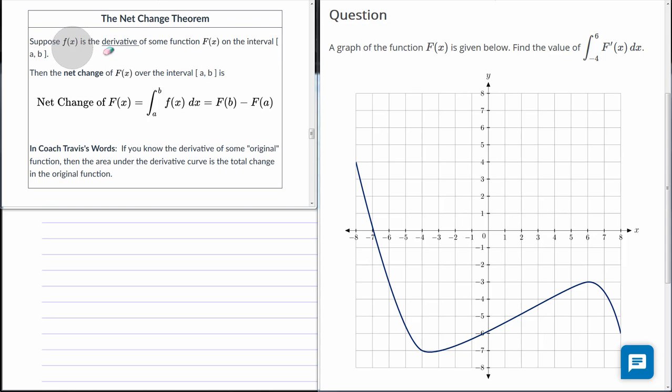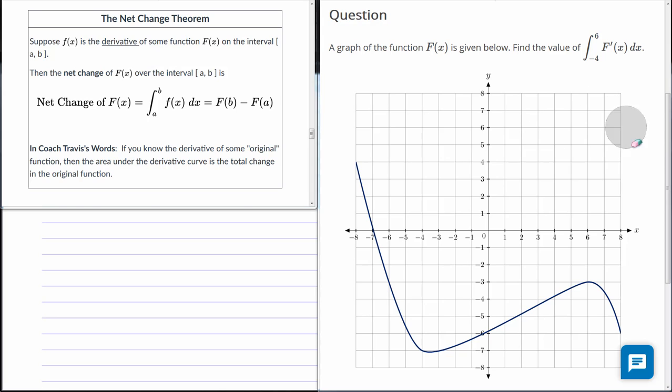The notation's a little bit different, but the idea is that little f represents the derivative. In this problem, we have a derivative inside of the integral. So if you have the derivative inside of your integral, then the definite integral just evaluates to the net change in the original function.